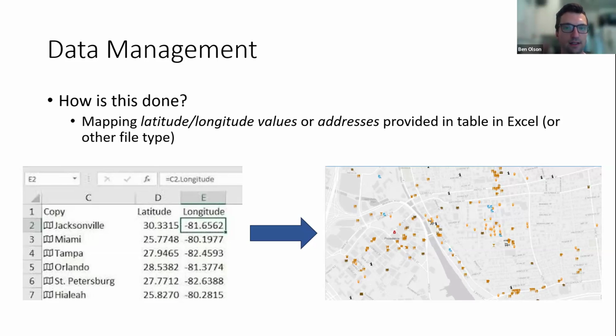An alternative to this is if there's an address provided in the dataset. ArcGIS Pro can do what's called geocoding, which pulls from a master database of addresses across at least the whole country. I'm not sure how global it goes, but it'll pull from that to be able to map the addresses you have in your spreadsheet. So with the TIMS, we'll do this with the lat longitude values when we go into the activity.